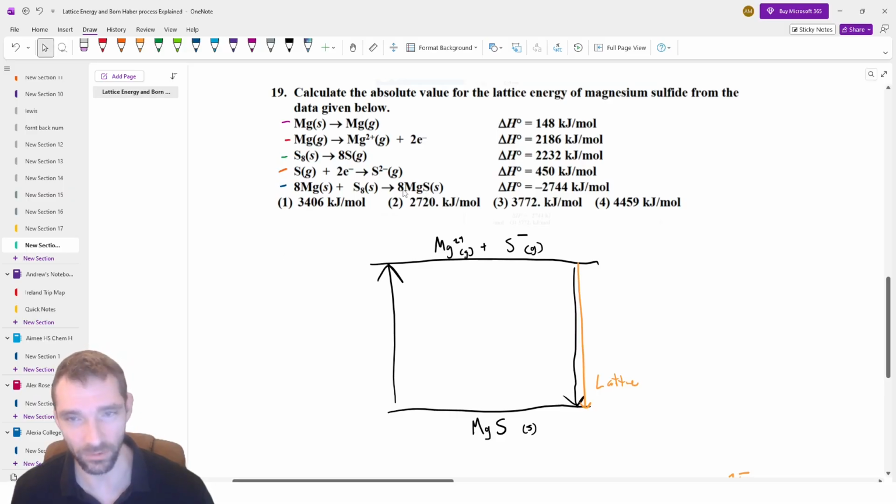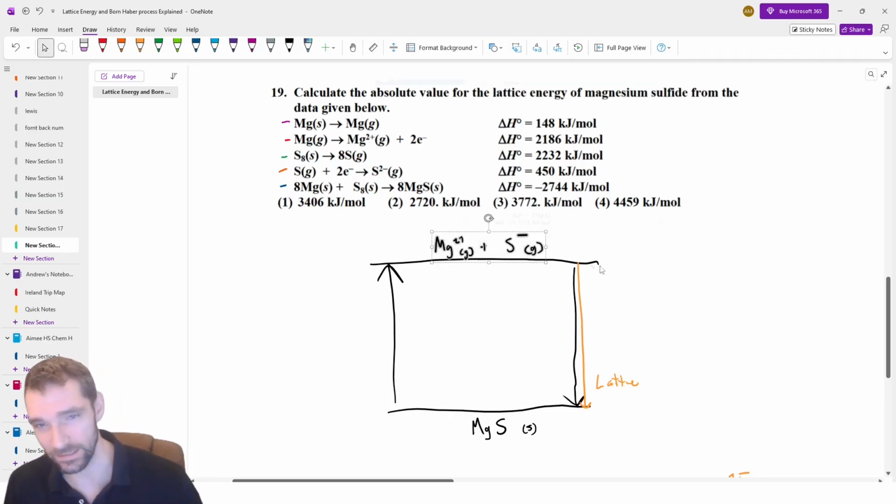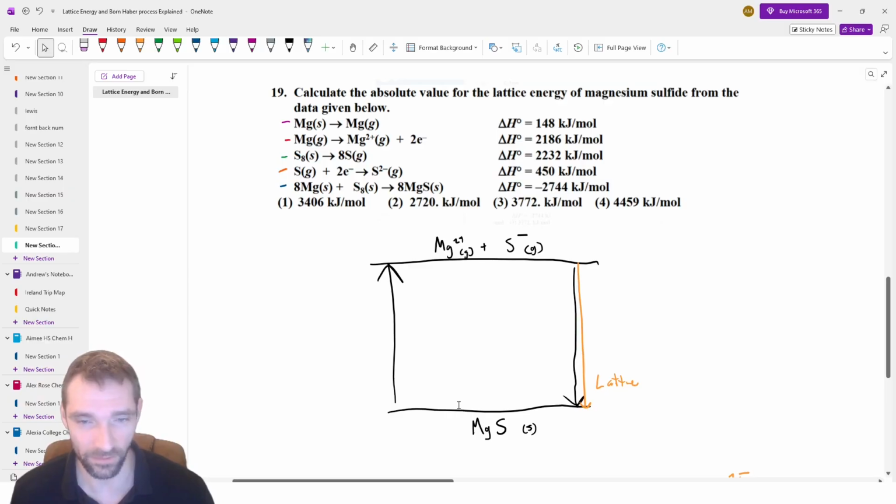But there's 8 moles being made in that reaction. So this is the energy that's released if you use 8 moles of magnesium to make 8 moles of magnesium sulfide. If we're trying to relate the amount of energy going from 1 mole of magnesium and 1 mole of sulfide to making 1 mole of magnesium sulfide, we have to do some multiplication or division that's appropriate.